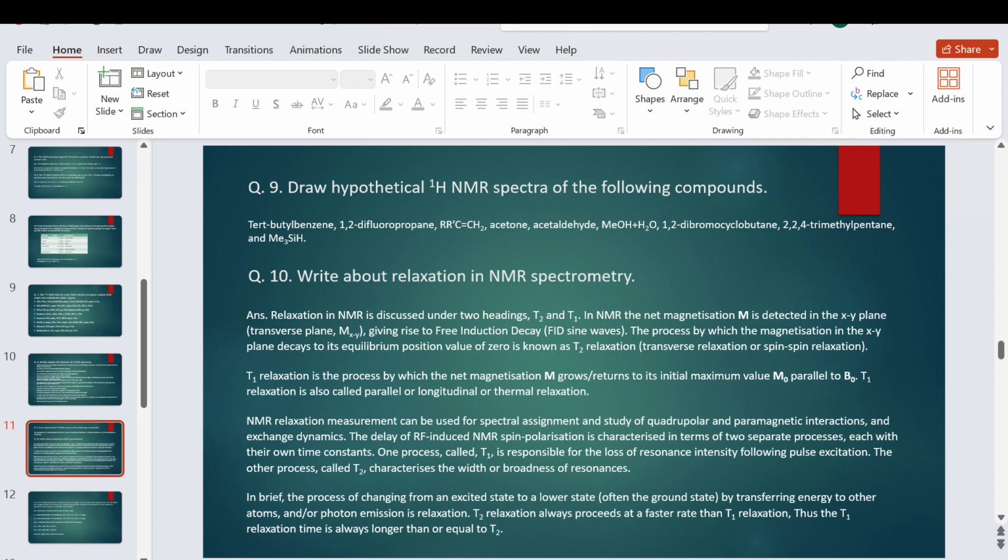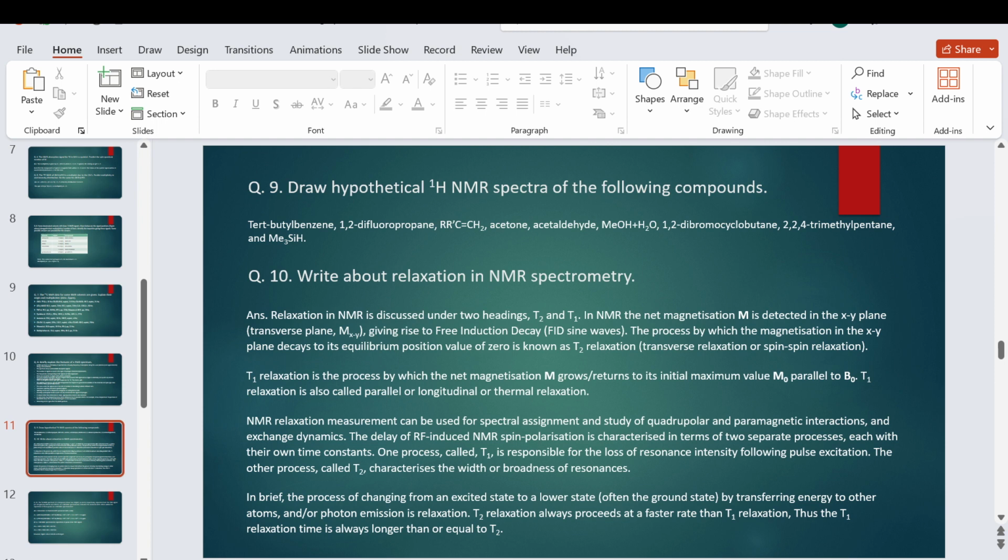T1 relaxation is the process by which the net magnetization grows or returns to its initial maximum value parallel to the field axis. T1 relaxation is also called parallel relaxation or longitudinal relaxation or thermal relaxation. NMR relaxation measurements can be used for spectral assignment and study of quadrupolar and paramagnetic interactions and exchange dynamics.